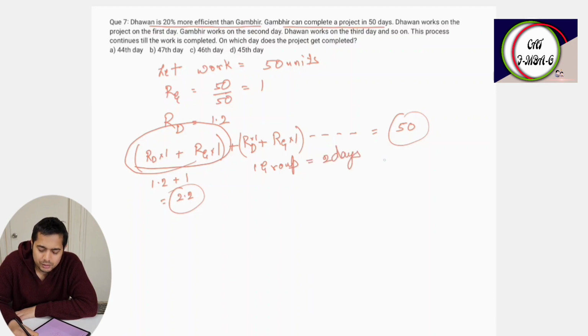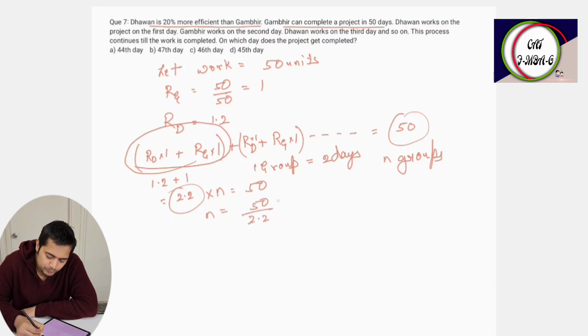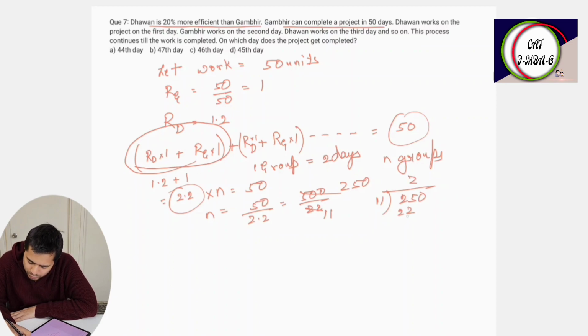Let there be n groups. So 2.2 into n is equal to 50. N is equal to 50 by 2.2, which is 500 by 22. So 11, and 22 into 22 is 484, so it is 22 point something.